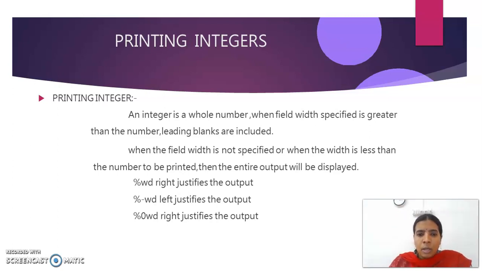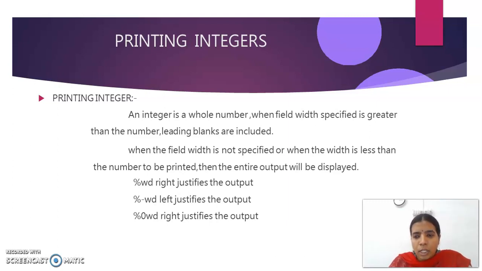So therefore, printf is supported with a number of options called width. Generally, if I want to print out integers in a variety of ways, then we can use printf with %wd, where w stands for width. Width is the total amount of space given to print a particular integer. d is the format specifier for integer, w is width.